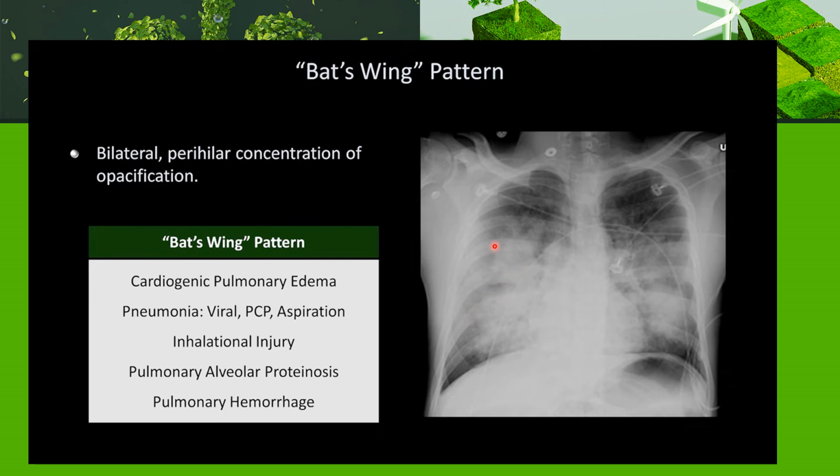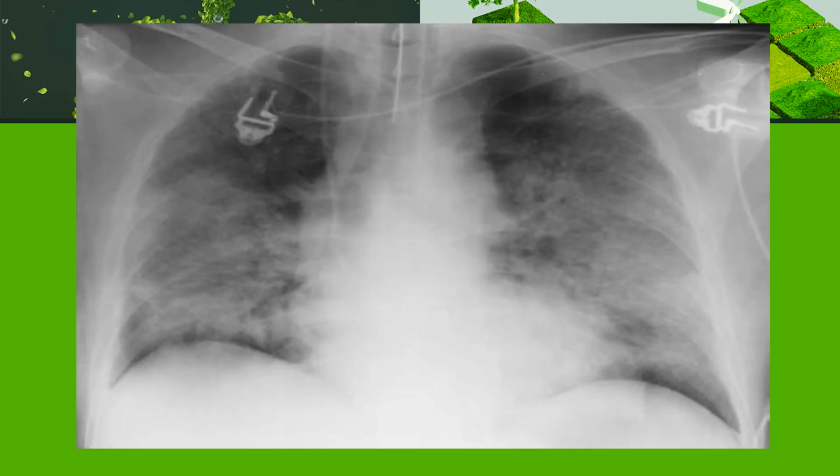This is also called a bat wing appearance, resembling the wings of a bat. It is mostly seen in cardiogenic pulmonary edema, but can be seen in pneumonias, inhalation injury, pulmonary hemorrhage, and other cases. This is a closer look. You can see the surfaces are very smooth, bilateral, almost symmetrical, with cardiomegaly.